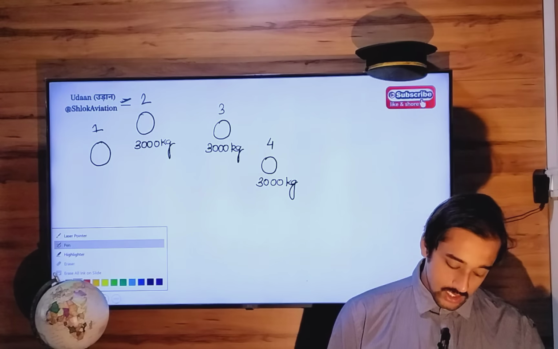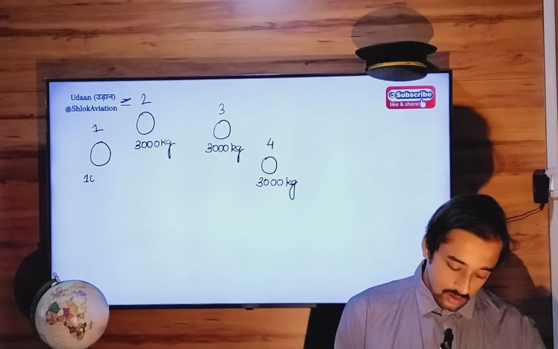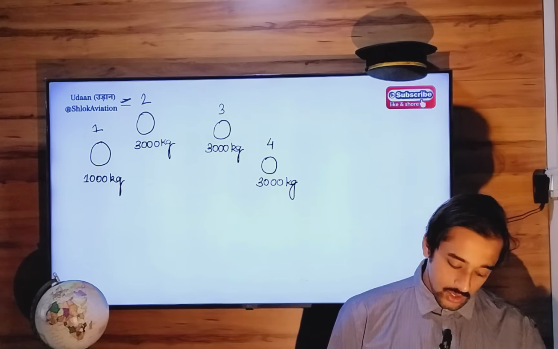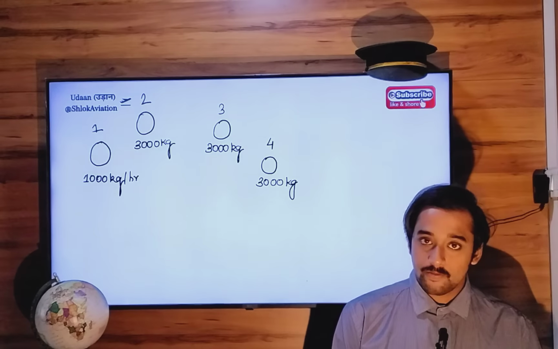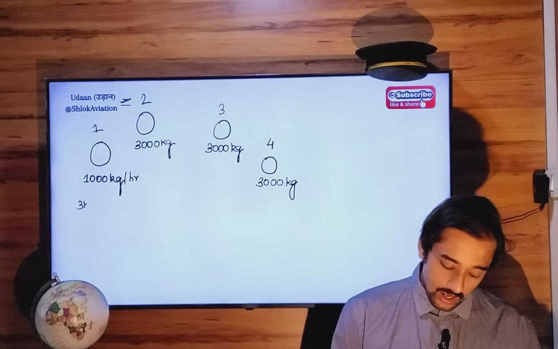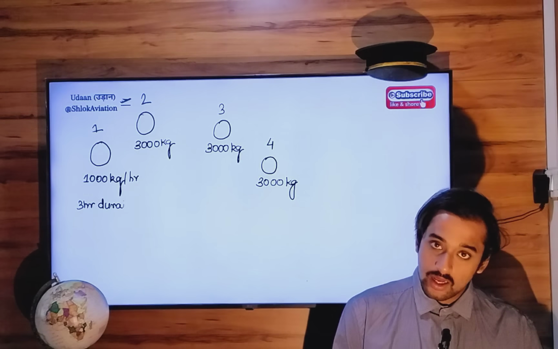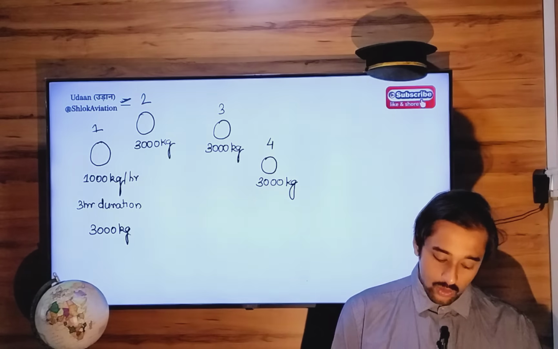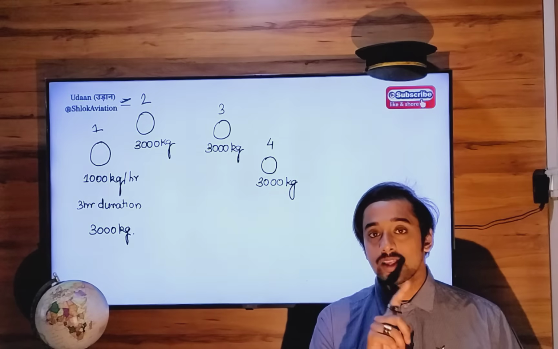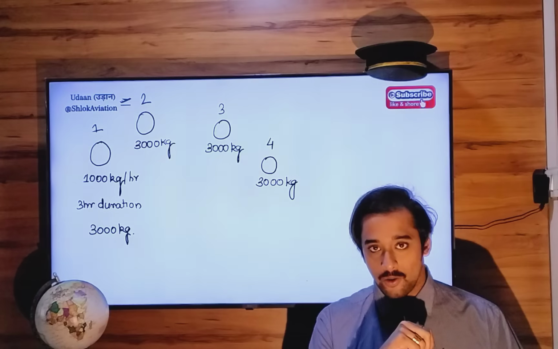Diagrammatically, this is my representation. So every engine consumes 1000 kg of fuel per hour. So for a 3-hour duration flight, every engine will consume 3000 kilogram of fuel, 1000 kilogram per hour. So for 3 hours, it will amount to 3000 kilogram.